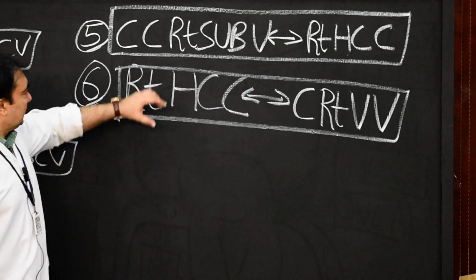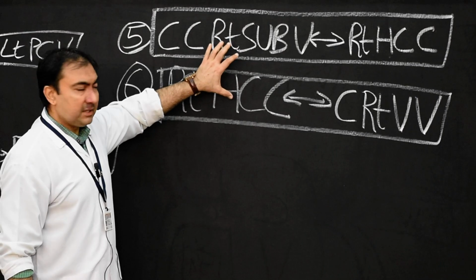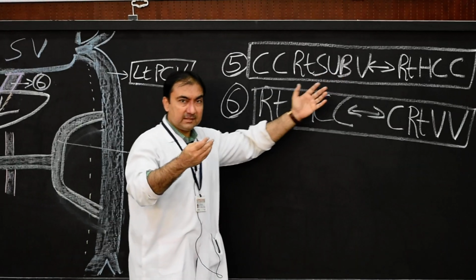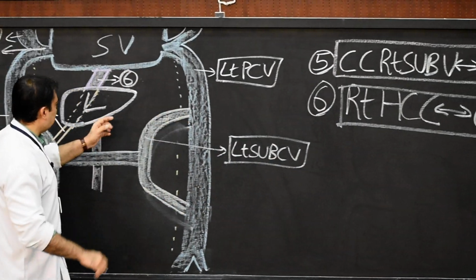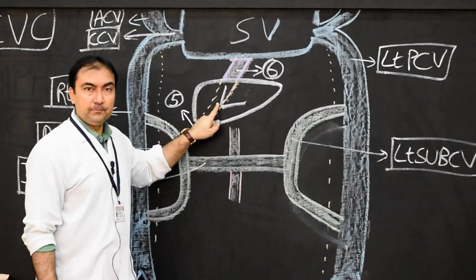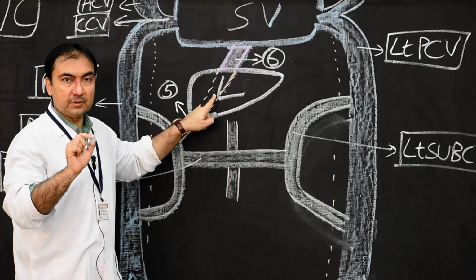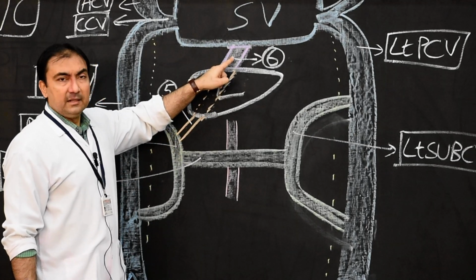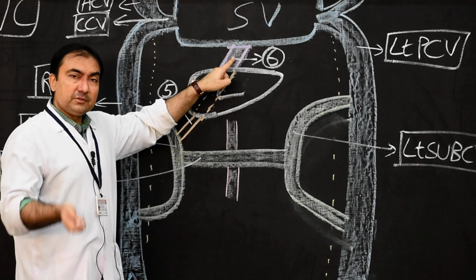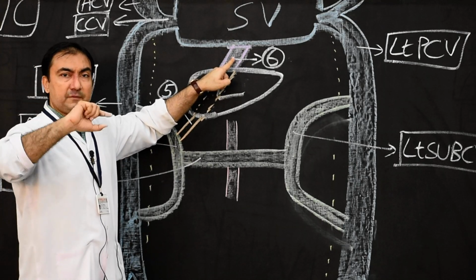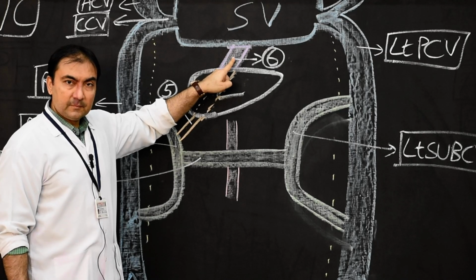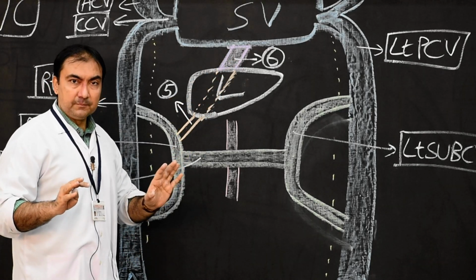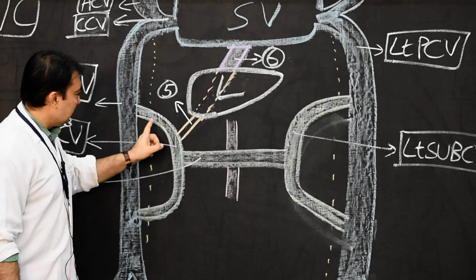These two segments are very important, and remember that segment 5 will pass dorsal to the liver. This statement is also very important. It will pass dorsal to the liver and it is connecting the right hepatocardiac channel, which was already developed from the cephalic portion of the right vitelline vein. So here we have developed segments 5 and 6, and remember they are in connection with the right subcardinal vein.